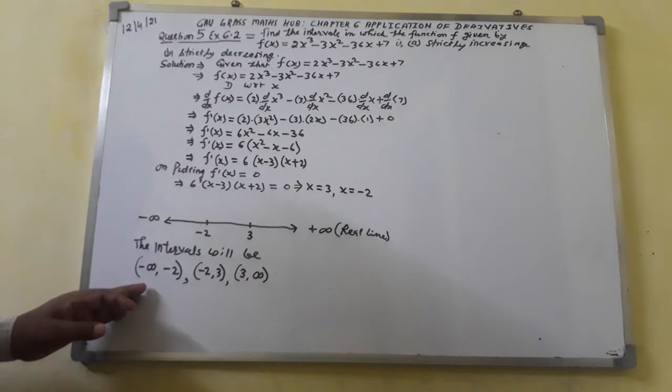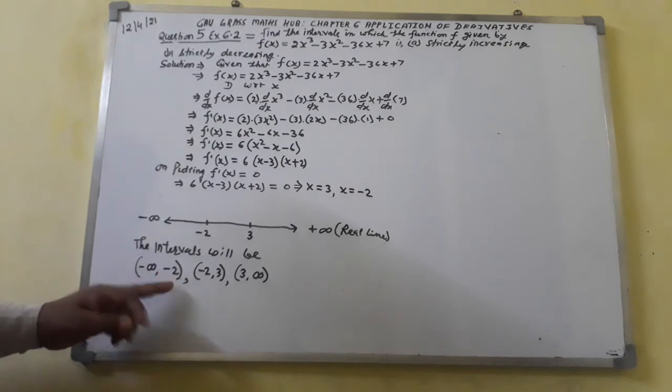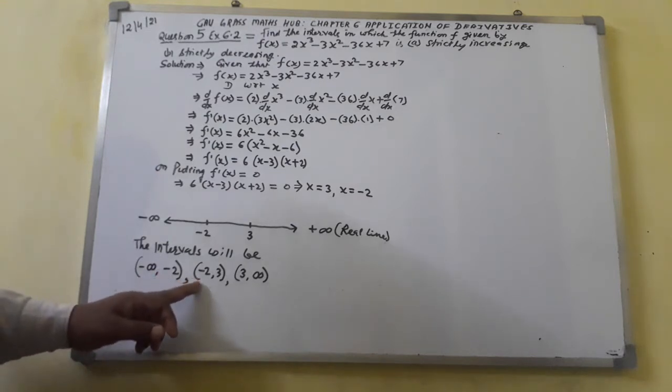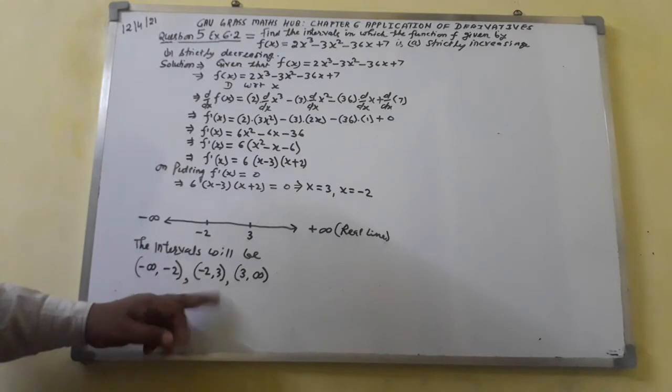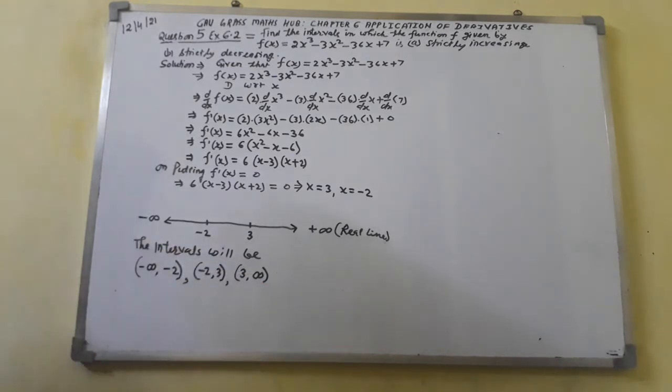The three intervals we have got are open interval minus infinite comma minus 2, open interval minus 2 comma 3, and open interval 3 comma infinite.